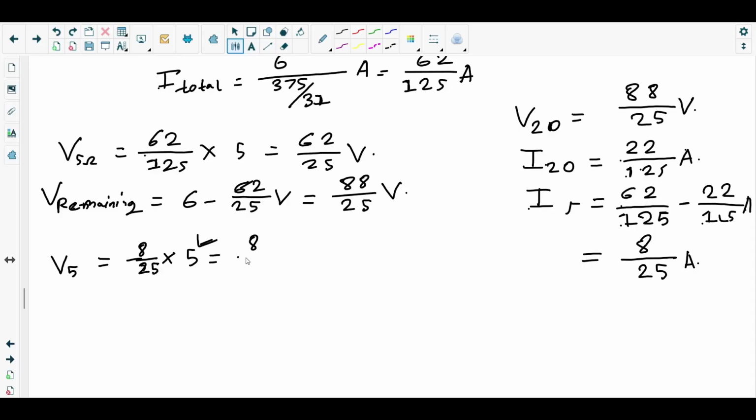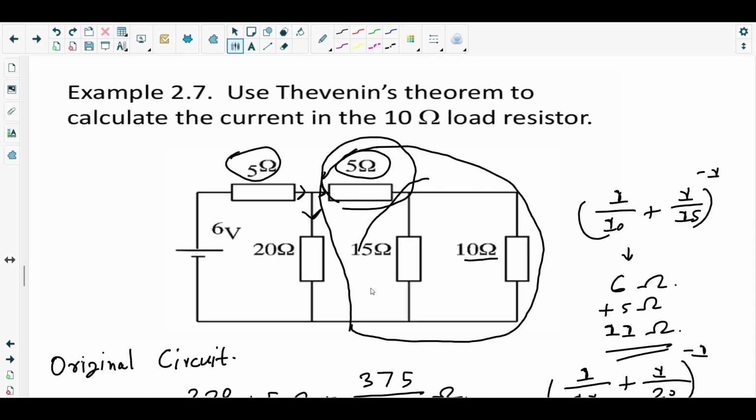So we can find out how much PD is across the parallel section. Easy. Okay, so we got the total PD across the 20 ohm resistor. It is 88 over 25.